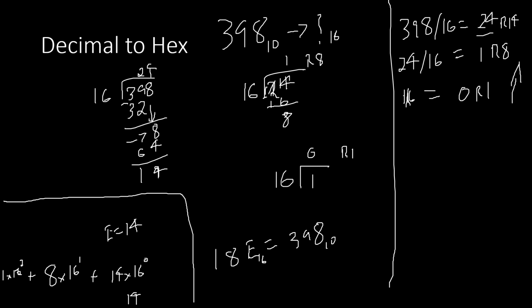This is going to give us 128. And this is going to give us 256. We're going to add these up, and we are going to get 398. And that's how you go back from hexadecimal to decimal.